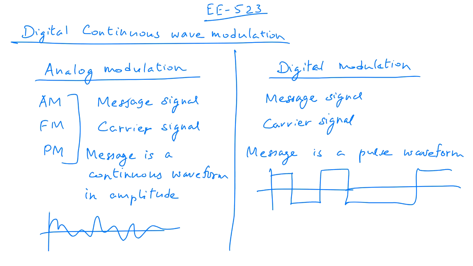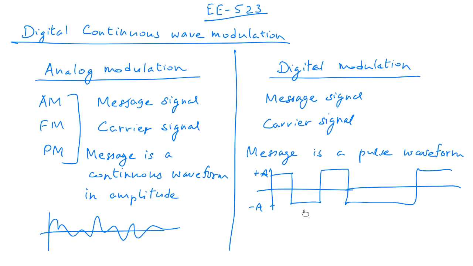Here the amplitude has only two discrete values, say plus A and minus A. There is no other amplitude level in the signal.